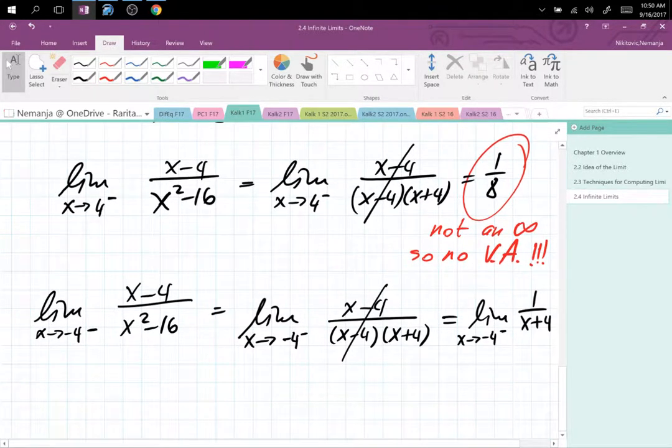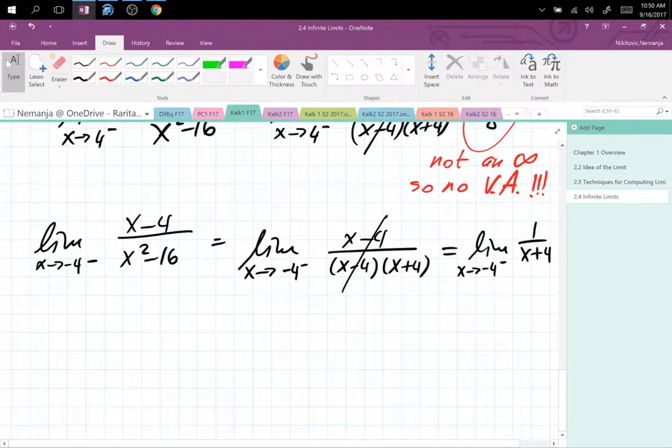Now, luckily, this is an easy function. It's 1 over x plus 4. What does the plus 4 do? How do I graph this? Maybe plus 4 shifted 4 left. Very good, plus 4.